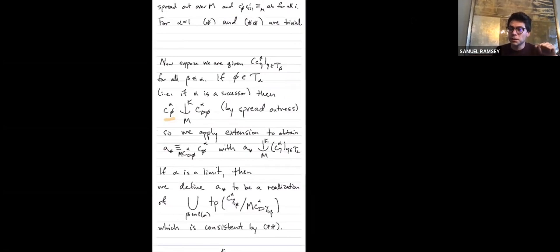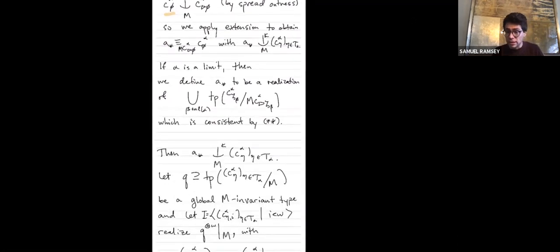Because the type of C_β over the cone above it is the same as the type of C_β' over that cone, is the same type as C_β'' over that cone as I move farther down. So all of these types are extending one another. That's a kind of coherence condition. So I can take the union, which is some infinite union of types. Every finite piece is consistent because it's realized by one of these elements along the all zeros path, and therefore it's a consistent type by compactness.